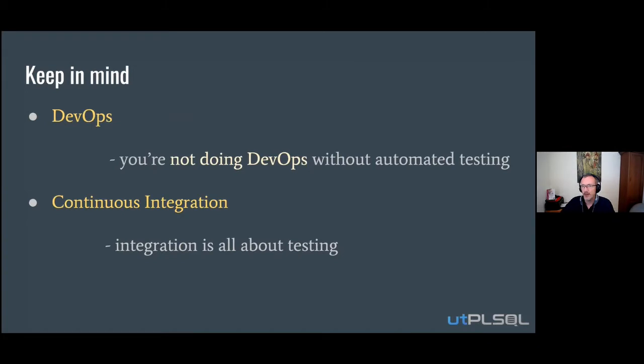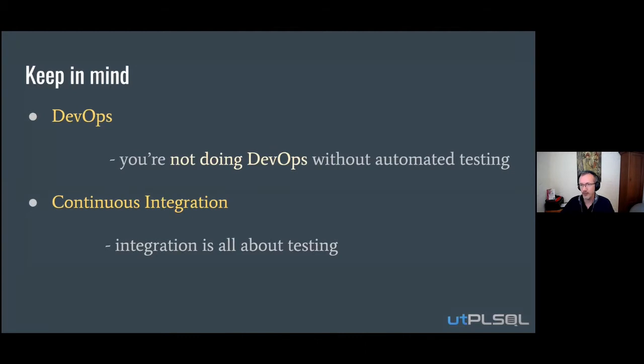And one important note: everyone nowadays is talking about continuous delivery, automation, time to market. DevOps is the new buzzword, continuous integration. When you're not writing automated tests, you cannot talk about doing DevOps. DevOps is not about just deploying software to production. Neither is continuous integration, because continuous integration is all about integrating the software and making sure that it works together.